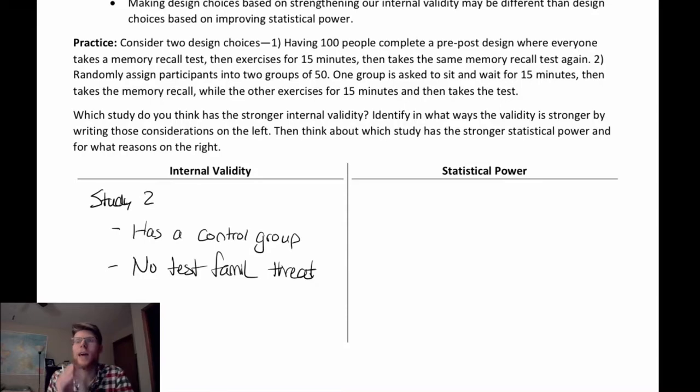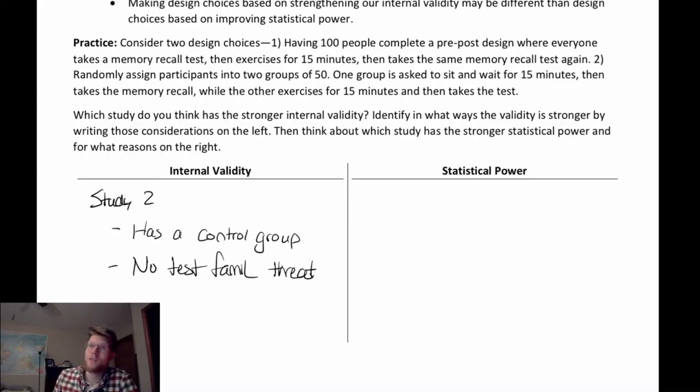So the fact that I have people doing that complete process twice in study 1 is a problem, because they might just be getting better at it the second time, and that has nothing to do with whether they exercised or not. So definitely that could be a concern for study 1 that we don't have in study 2.